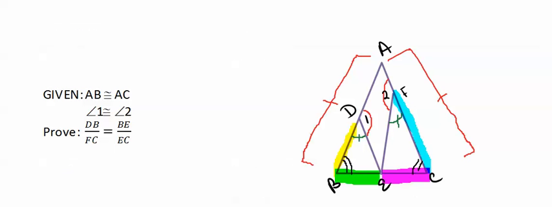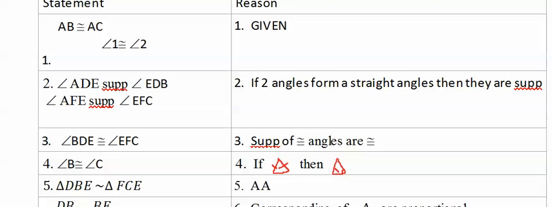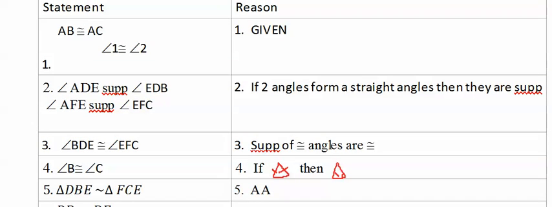Now that in itself helps us to establish that the two smaller triangles in the bottom corners are similar based on the angle-angle theorem. So triangle DBE is similar to triangle FCE.